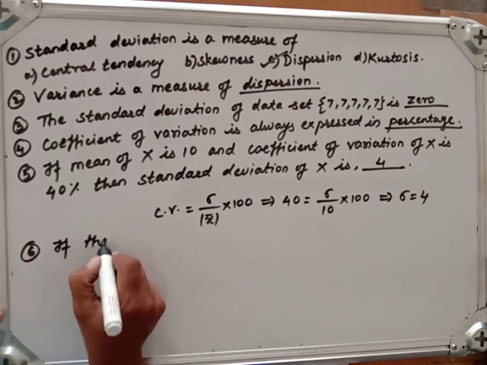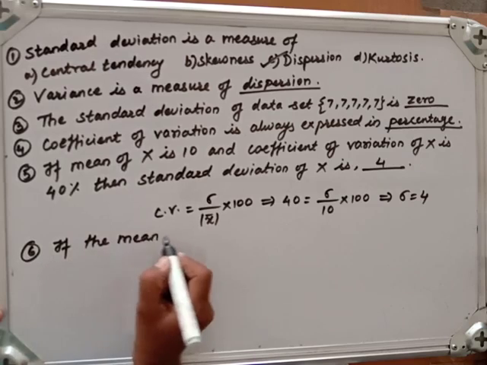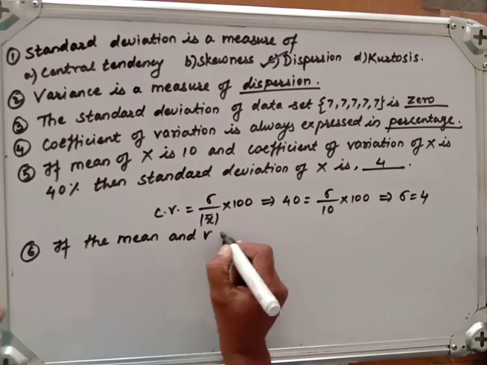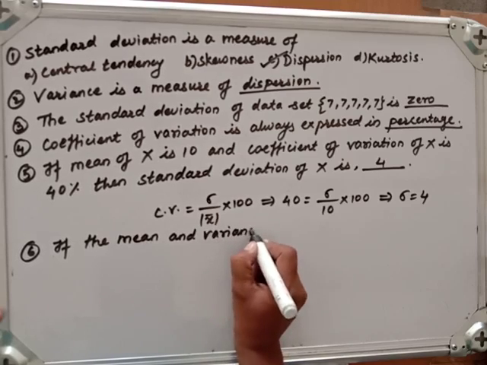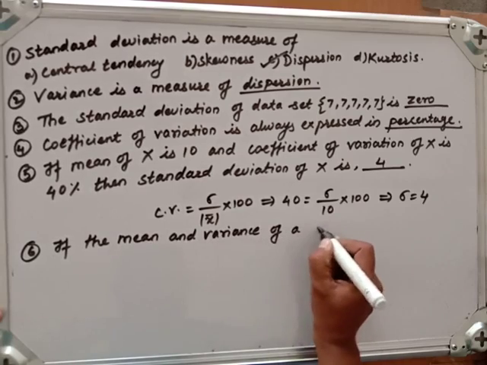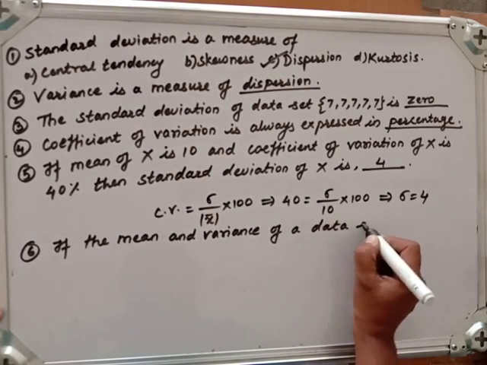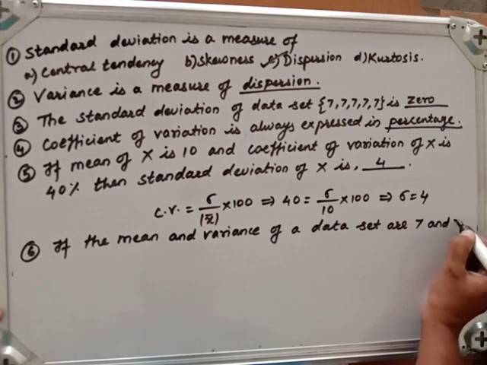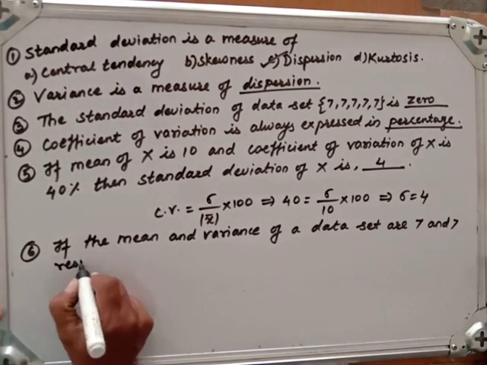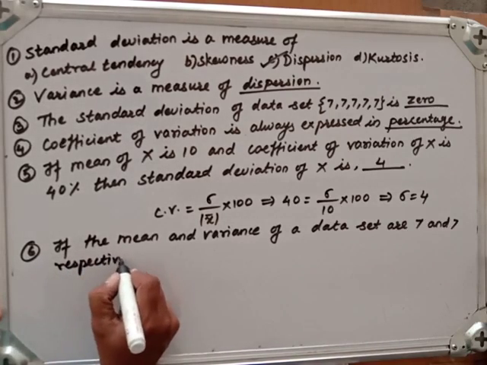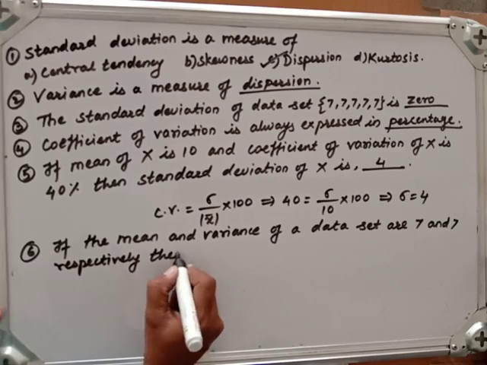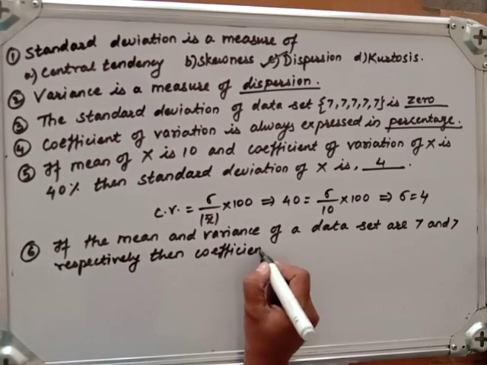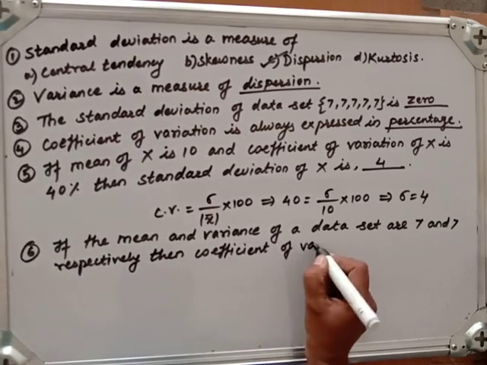Again, let me take one more. If the mean and variance of a data set are 7 and 7 respectively, then coefficient of variation is.